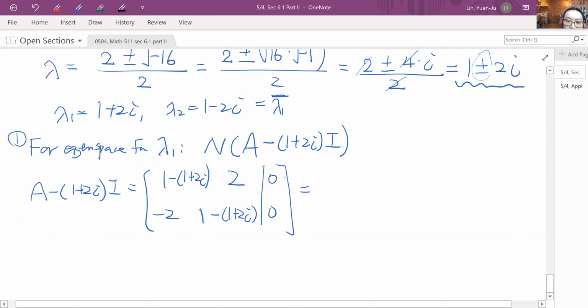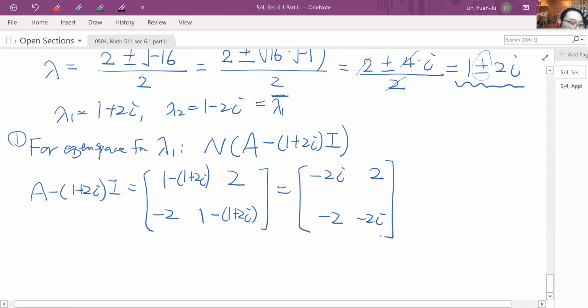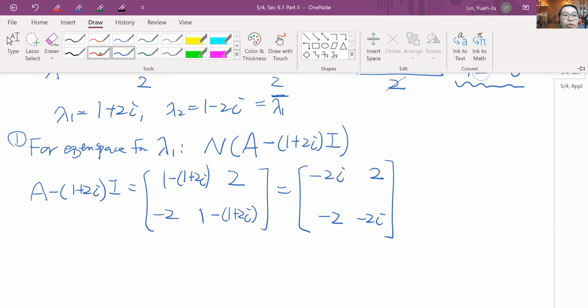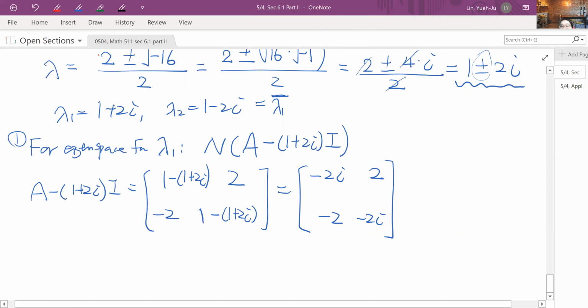Okay, so I'm going to solve this. 1 minus 1, so this should end up with minus 2i, and same thing here, minus 2i. Now because you're involving a complex entry, when you do the row reduction, you could possibly use complex values.